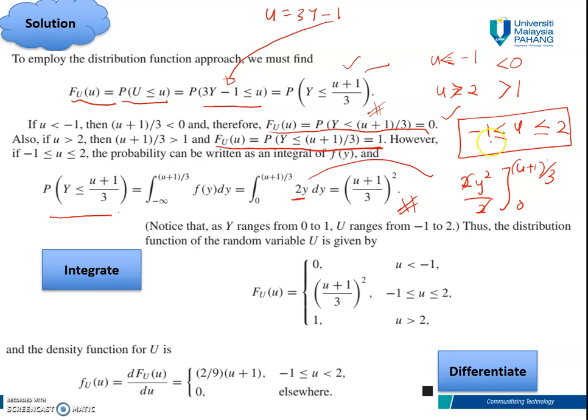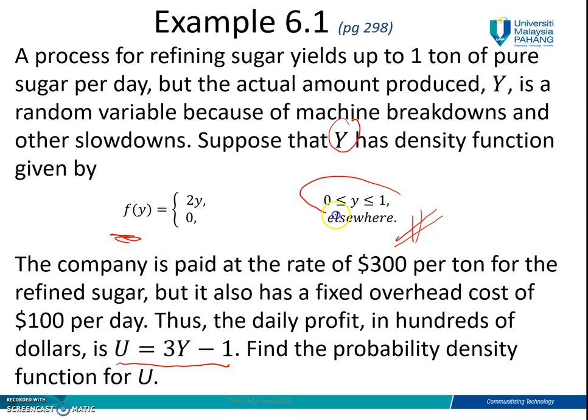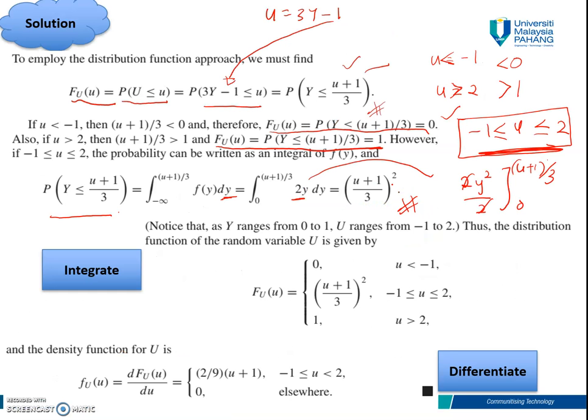You can see here, this is your u, but here is y. So it ranges between 0 until (u plus 1) over 3, to 1. If you look here, your y is from 0 until 1.